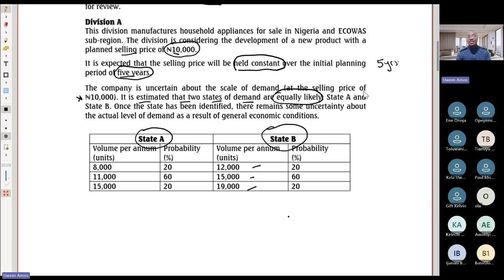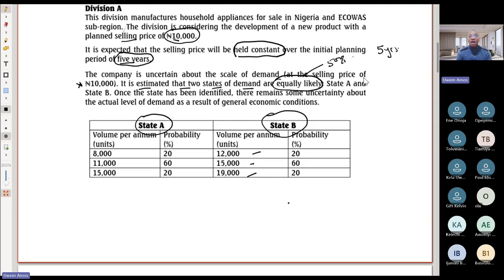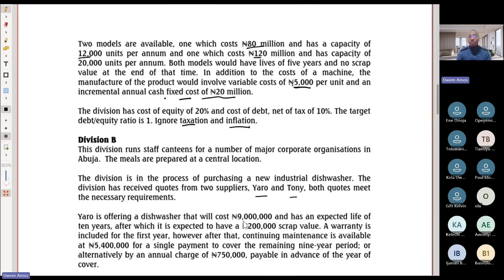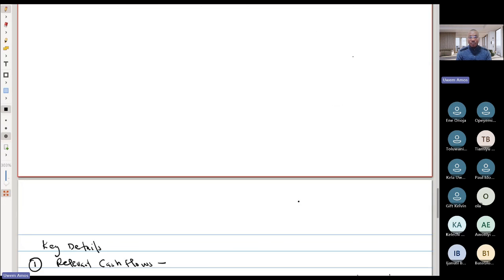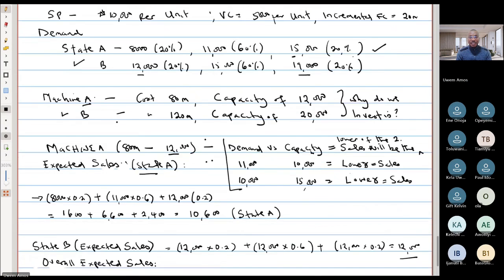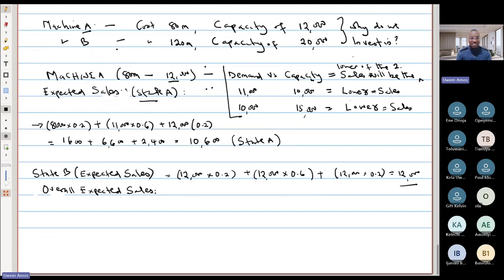In other words, both have a 50% chance of occurring because they are equally likely. So let's use that to calculate what our overall expected demand would be. And then with that information, we can calculate what to expect from machine A, which is the first machine we're calculating for.